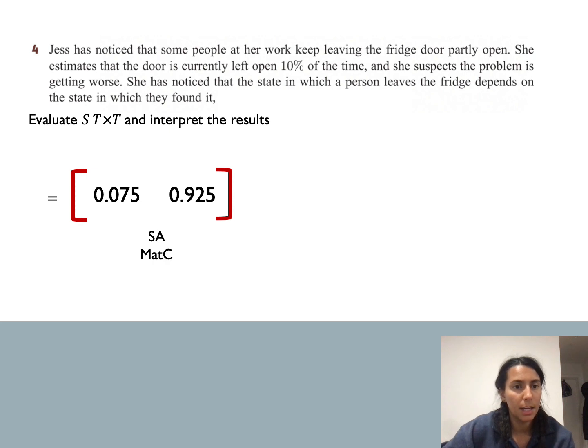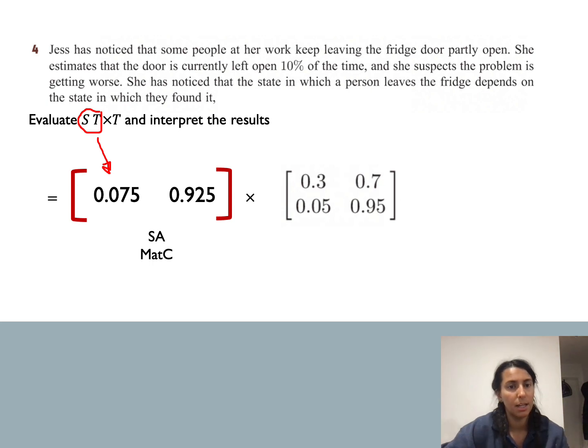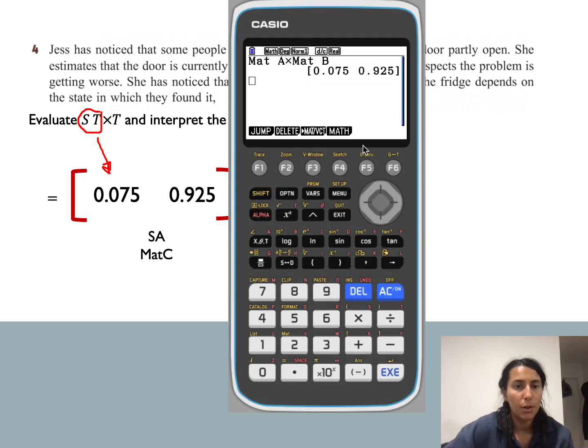Then it wants me to evaluate ST, so that was my result from just before, this one here, and they want me to multiply it by my transition matrix again. So the first thing I'm going to do is save this one as mat C, so I don't need to put it all back in again. So I've got that saved. Now I can do mat C times mat B to get my new answer.